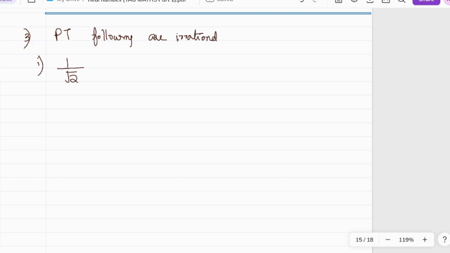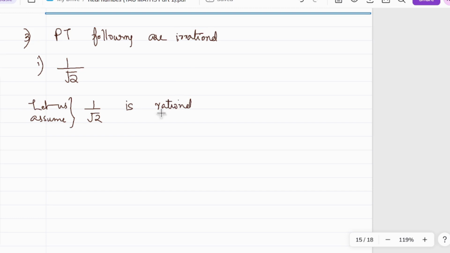Now let's do the question number 3. Prove that following are irrational. So here we have to prove that 1 by root 2 is irrational. If we want to prove 1 by root 2 as irrational, what we should consider? We should assume that 1 by root 2 is rational, right?